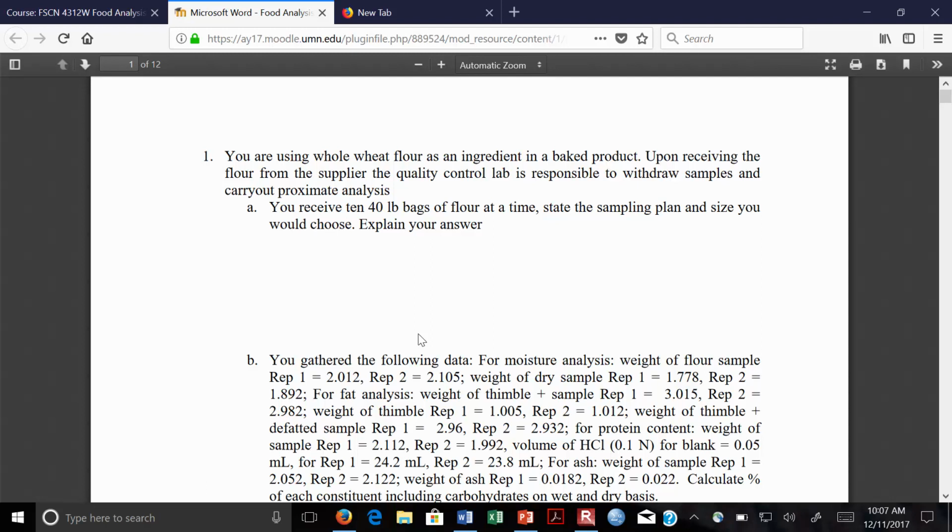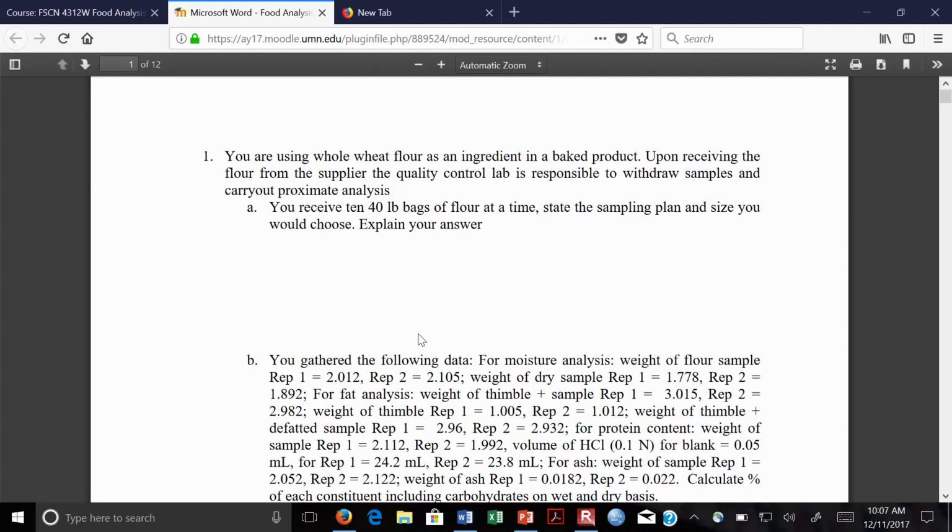Okay, so first of all, we give all the bags numbers, but how many bags do we test? You're thinking of AOAC, official for nutrition label. If that's the case, you take 12. If it's not, you take the square root. So 100 bags, you would select 10 out of 100 bags.